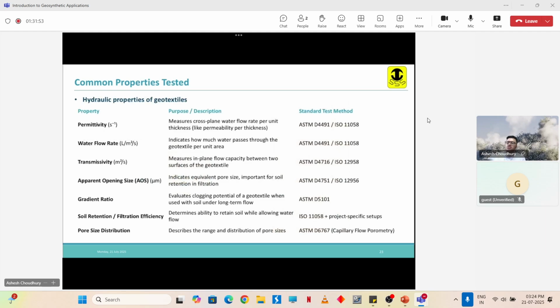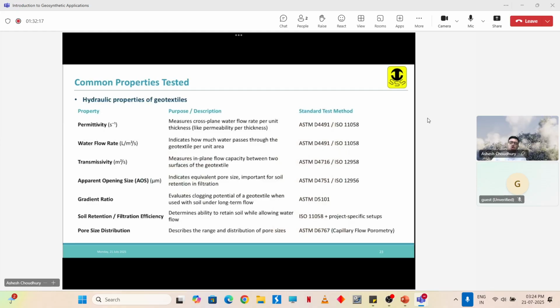Say you have a geotextile, the in-plane flow is measured by the transmissivity property and the cross-plane flow is measured by the permittivity. So we'll see that.